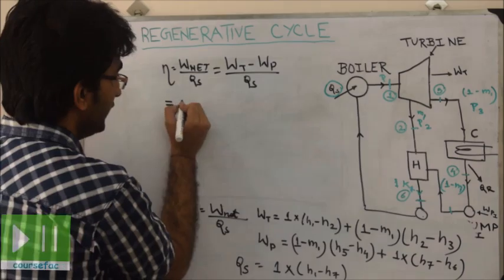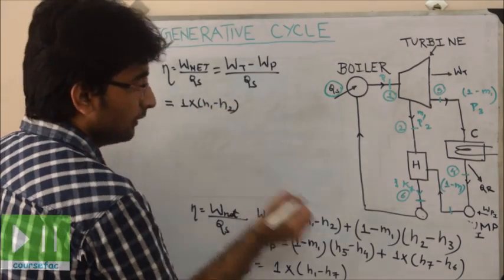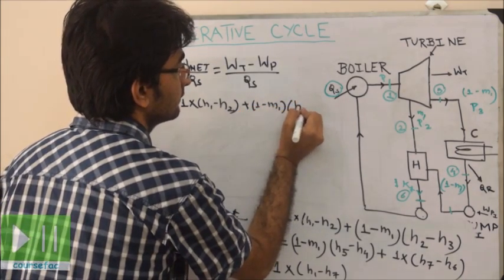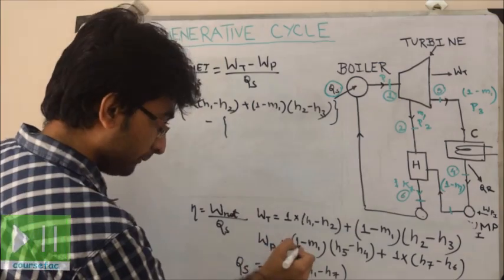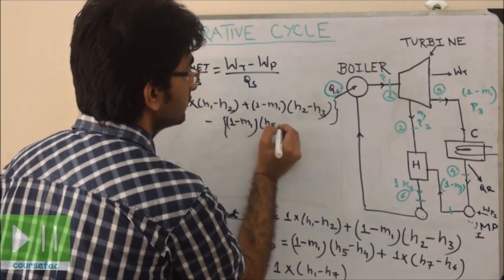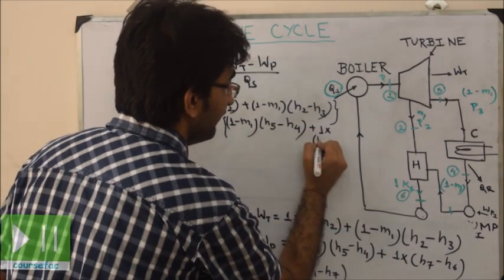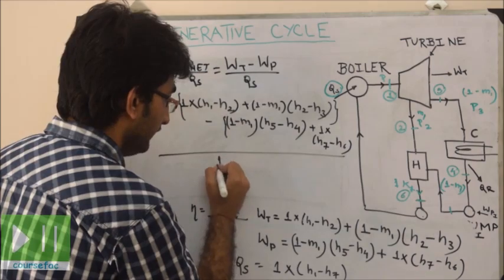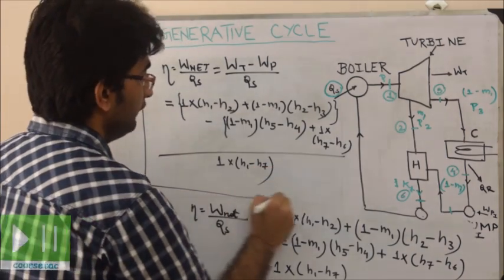Work done by turbine is 1 into H1 minus H2 plus 1 minus M1 into H2 minus H3, minus work done by pump, which is 1 minus M1 into H5 minus H4 plus 1 into H7 minus H6, total divided by heat supplied, 1 into H1 minus H7. This is the formula of efficiency.